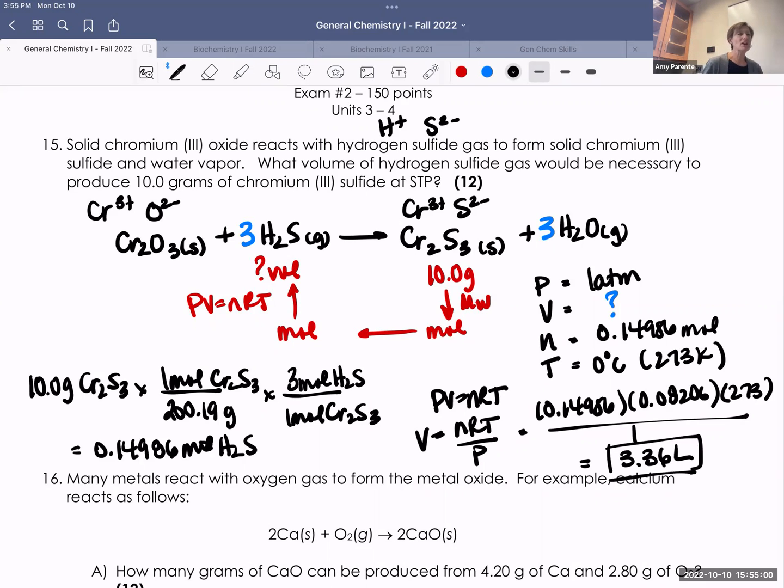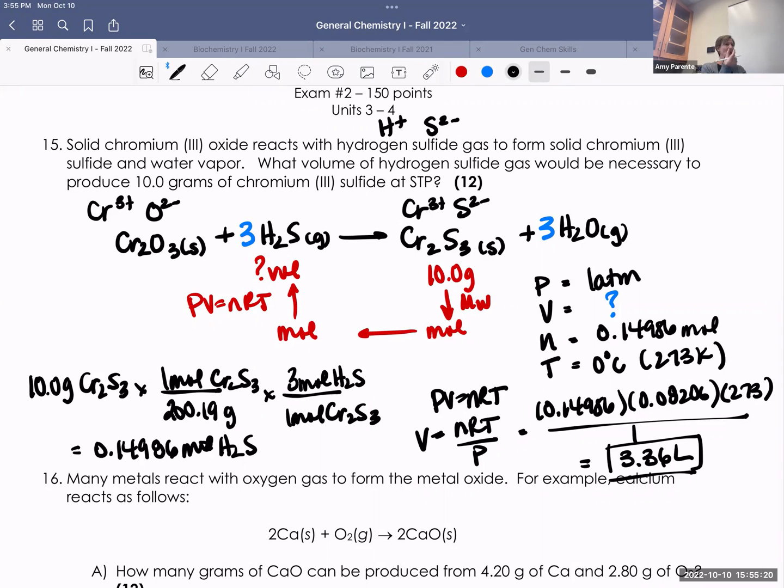And for the most part, I'm going to give you problems that should make sense. If you get something where it was like, hey, I got 3 billion liters of gas, that should not make sense. If I took 10 grams, and I always want you to have in the back of your head, think of a gram as the size of a sugar cube.